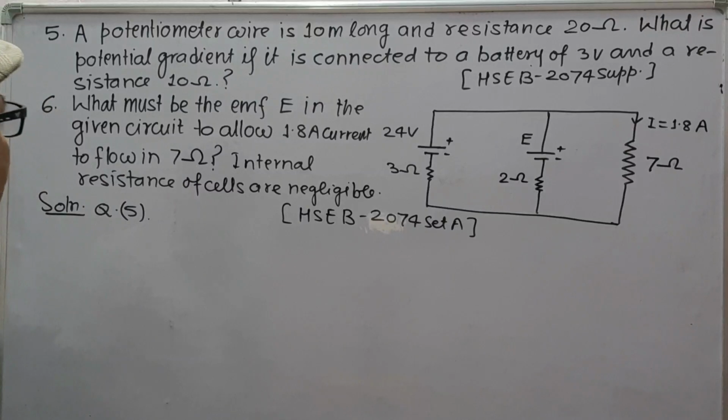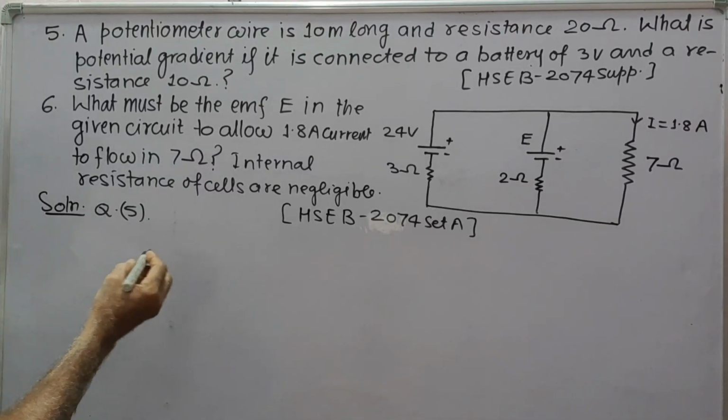Next, question number 5. A potentiometer wire is 10 meter long and has resistance 20 ohm. What is the potential gradient if it is connected to a battery of 3 volt and a resistance of 10 ohms is connected? So, solution to question 5.